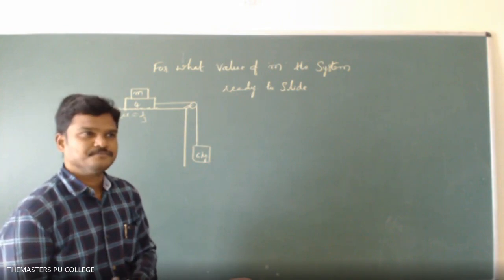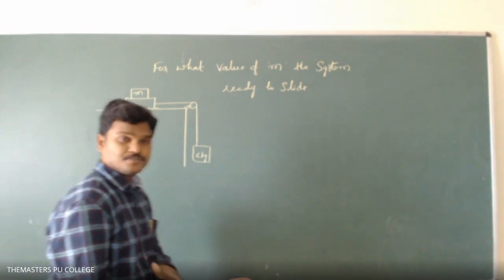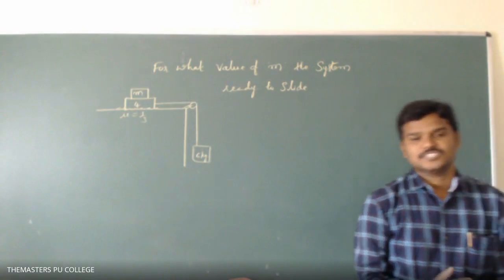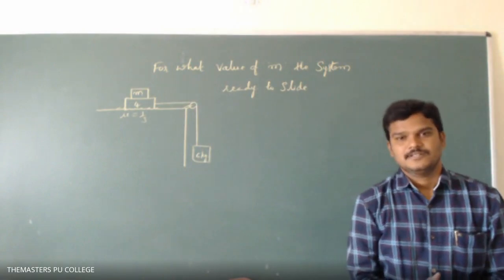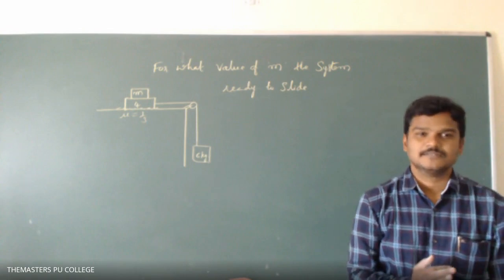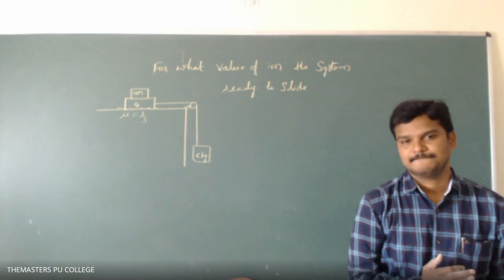Draw the question. Next I'll continue some concept after this problem. Again, there is a simple logic. If the system is not moving, the conditions are different. The system is ready to move.